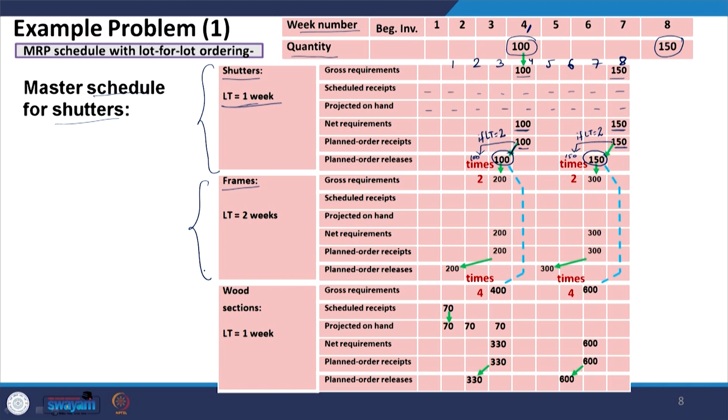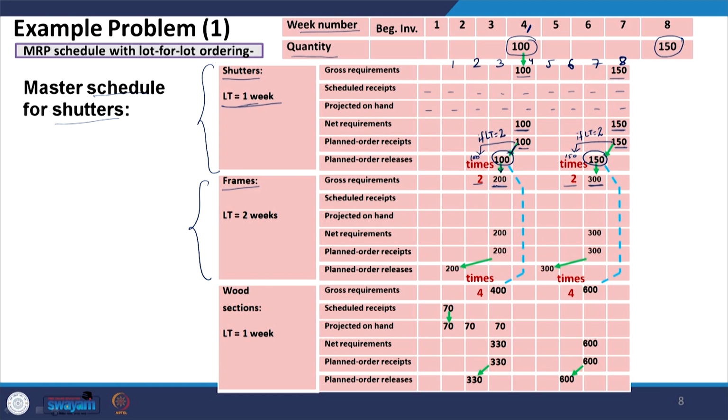Because we want 100 in 3rd week and 150 in the 7th, automatically this will become the gross requirement of shutters in 3rd and 7th week respectively. 2 times is required because 1 unit of shutter requires 2 frames. So, I have the gross requirement of frame in 3rd week as 200 and in 7th week as 300.